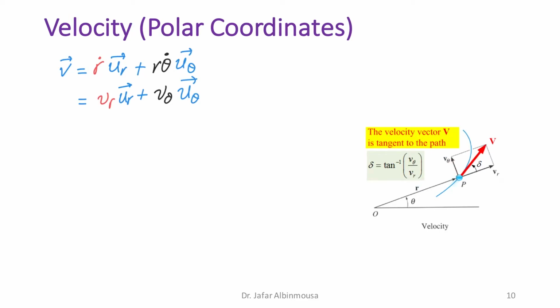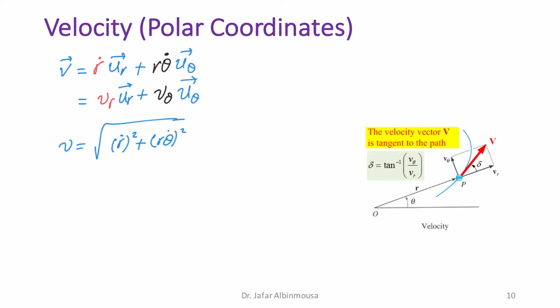Now if we calculate the magnitude v, it is equal to the square root of r dot squared plus r theta dot squared. Now the total velocity vector is tangent to the path, as shown over here, but the components themselves are not.